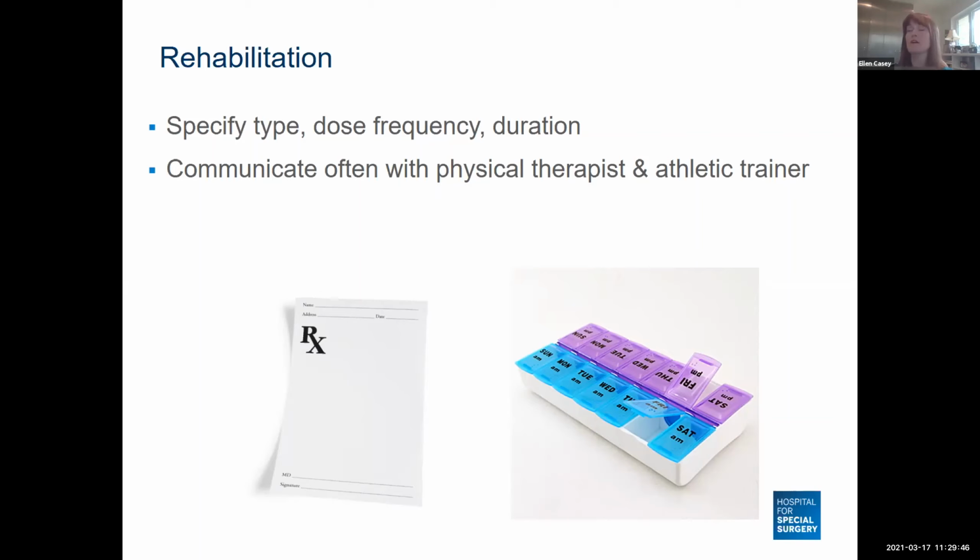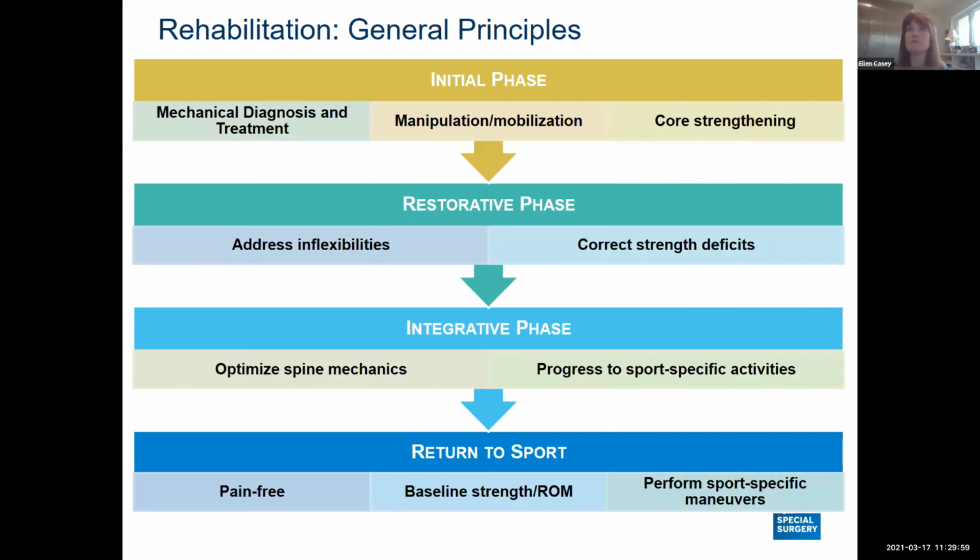So you're getting a sense of how they're responding to the exercise and if things need to be tailored, or if you need to add in medications or an injection, for example, to allow them to participate fully in physical therapy.